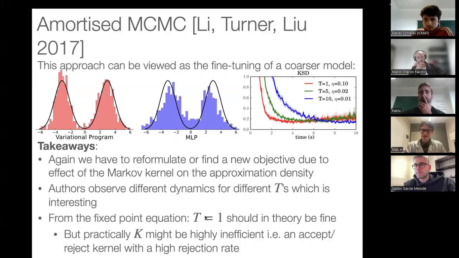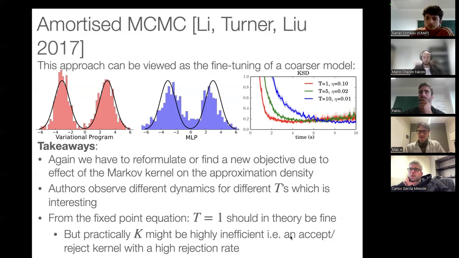In theory, just using T equals 1 should be fine, but practically, your K might be an accept-reject kernel, and imagine that K is highly inefficient. Like you propose a point, and almost all the time that point gets rejected.